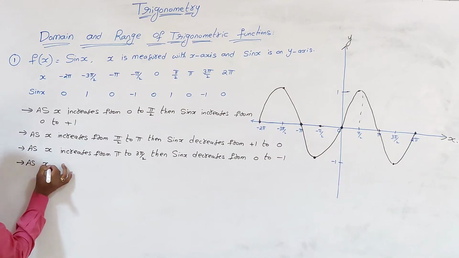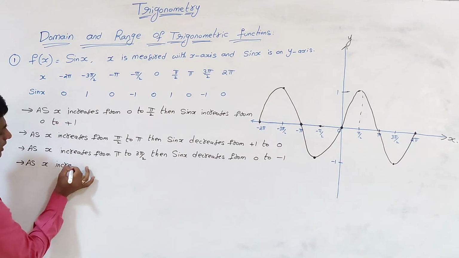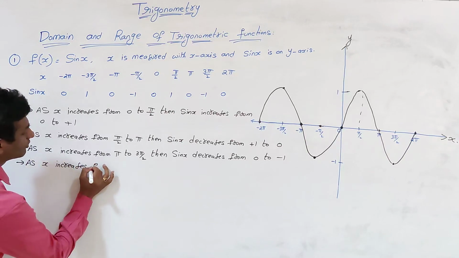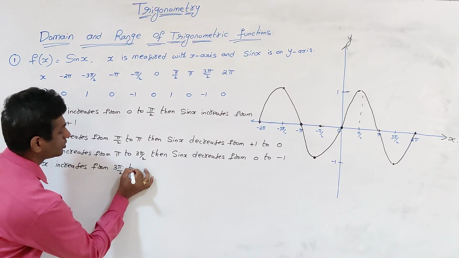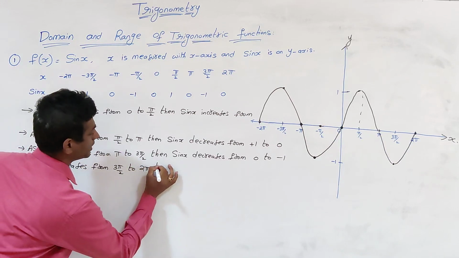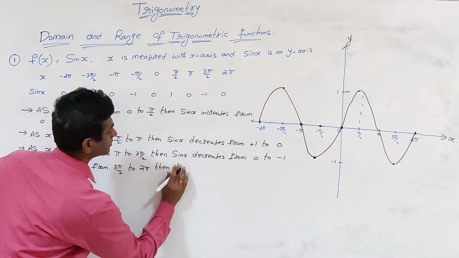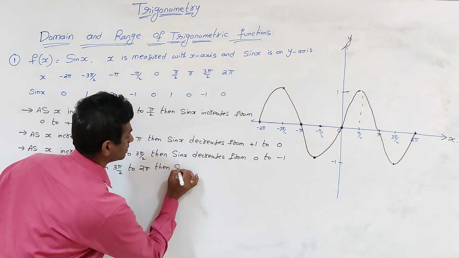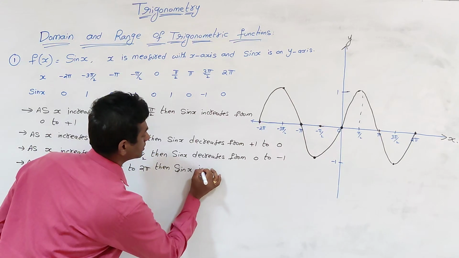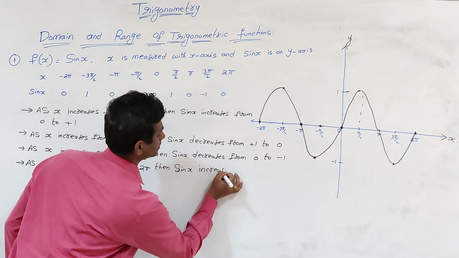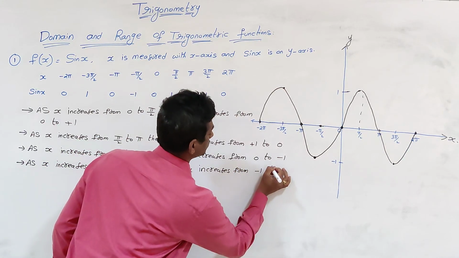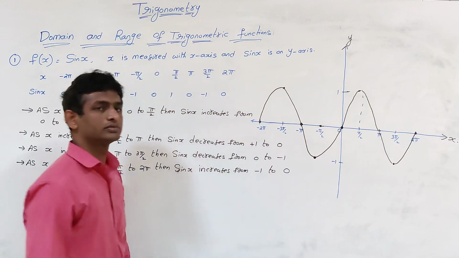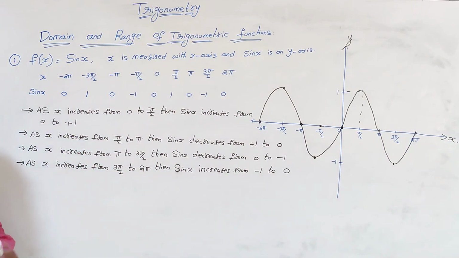As x increases from 3 pi by 2 to 2 pi, then sin x increases from -1 to 0. So these are the variations of the sin x graph.